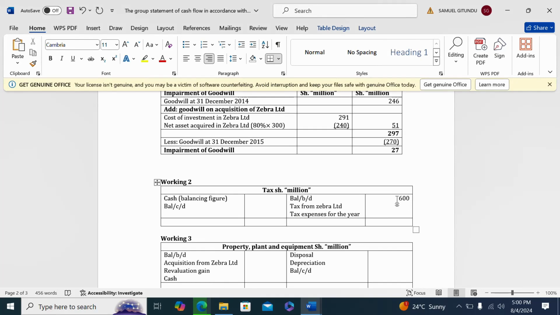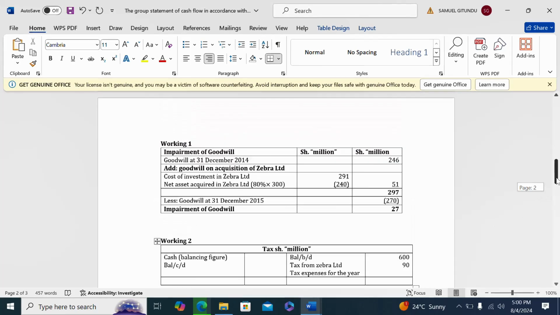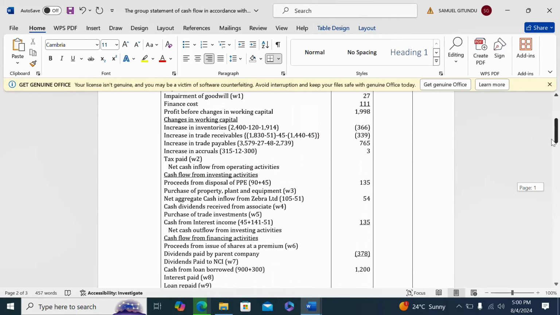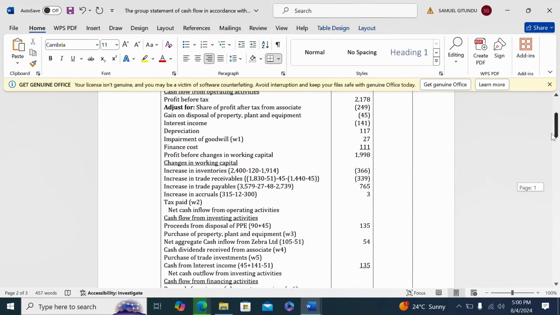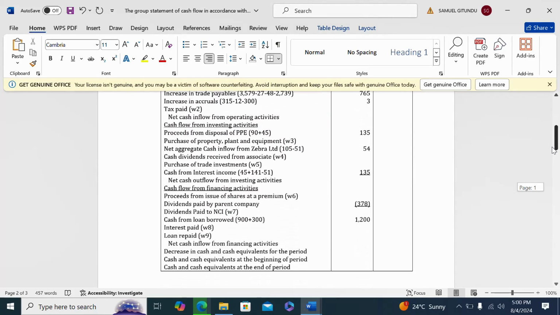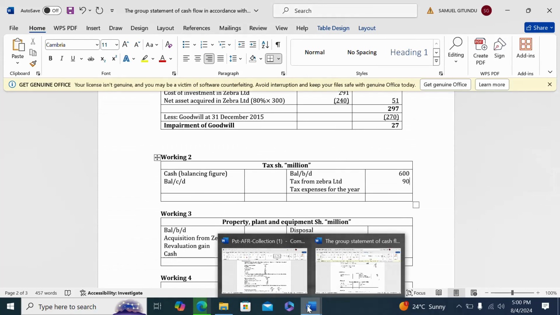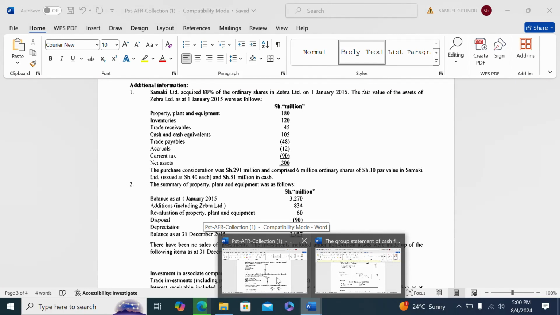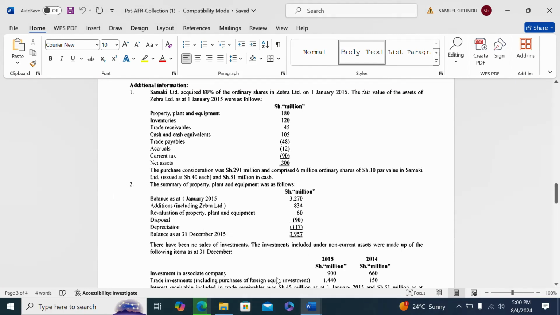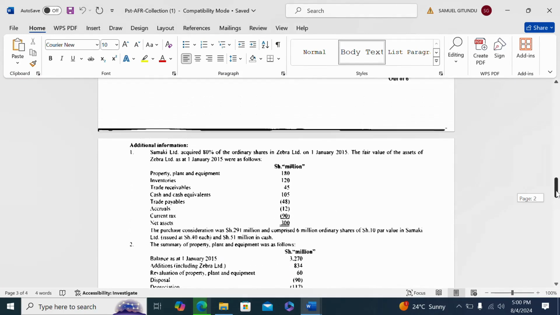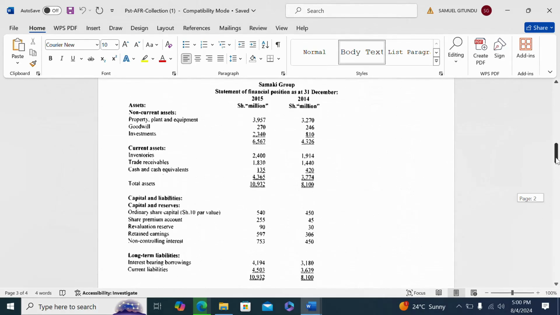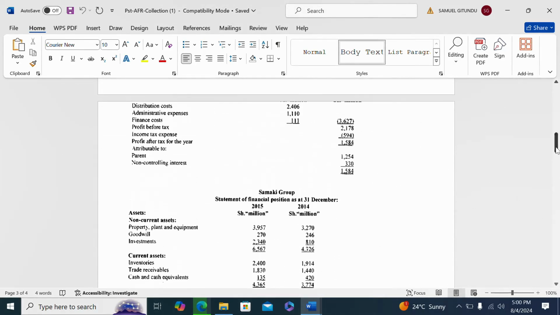Then the tax from Zebra was 90. Then the tax expense for the year, let us check it from the statement of financial position. The income tax expense is 594.